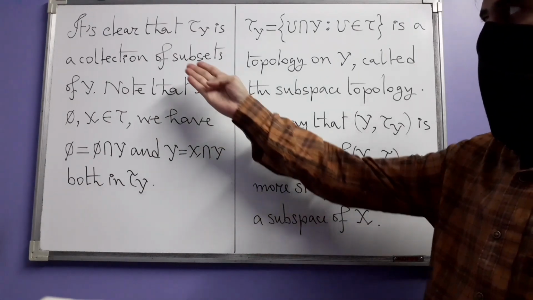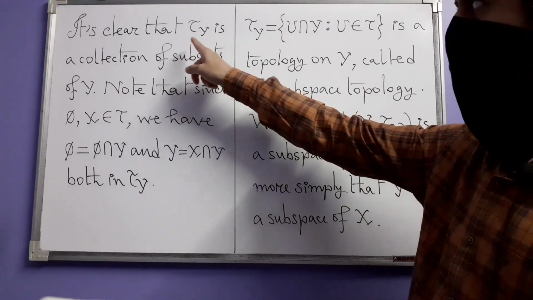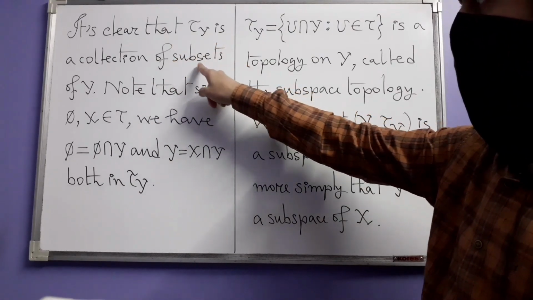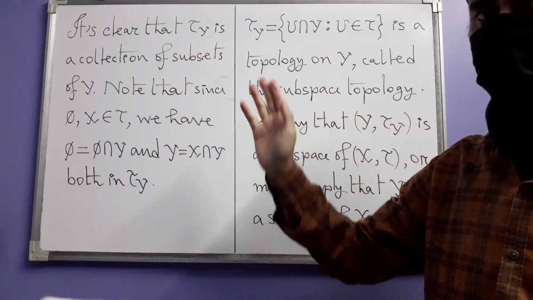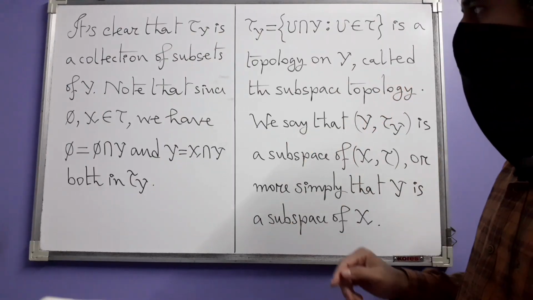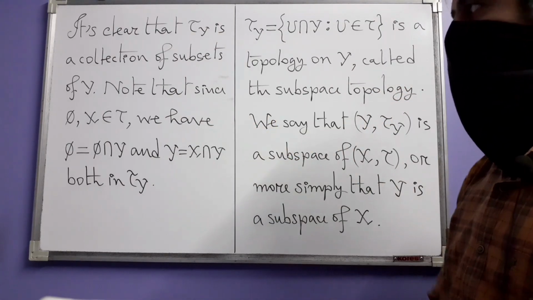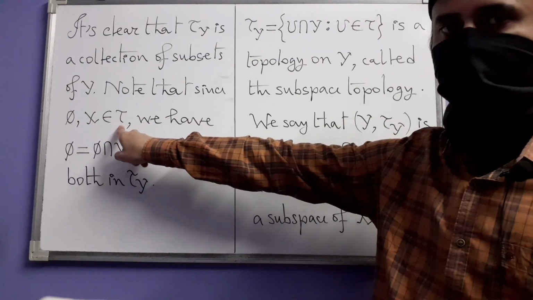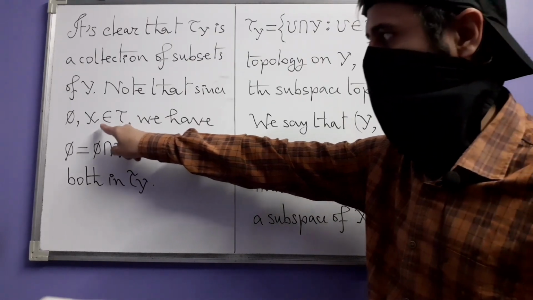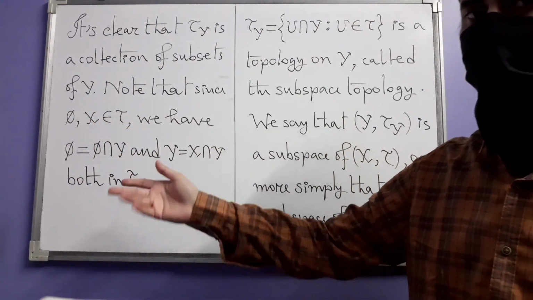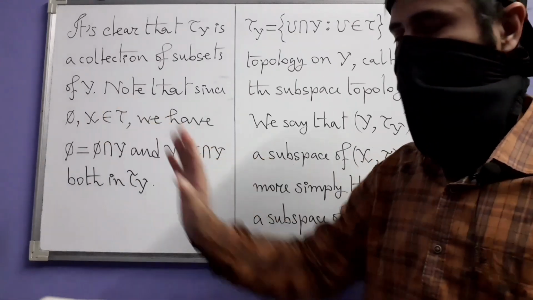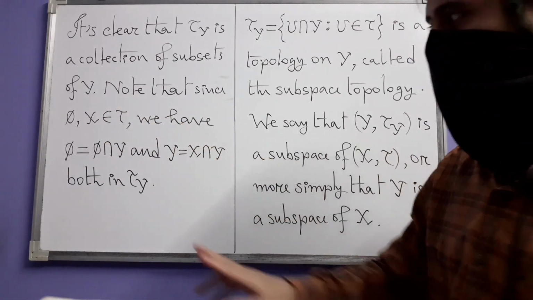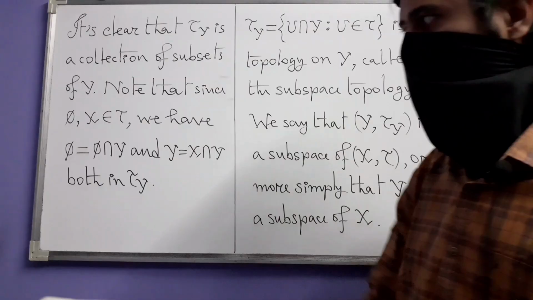So the first thing we note is, of course, that tau_Y is a collection of subsets of Y, the thing that I said just now. And then we note this. We already know that the topology tau on X contains these two elements. It may have other elements, but these two in particular are always there, the empty set and X itself.